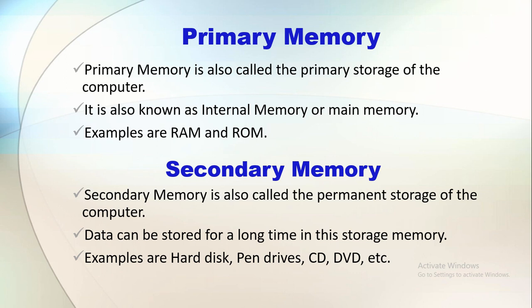As long as we don't destroy the data, it remains saved in the secondary memory. Some examples of secondary memory are hard disk, pen drive, CD, DVD, etc. So hard disk can be an internal hard disk, or an external hard disk also.